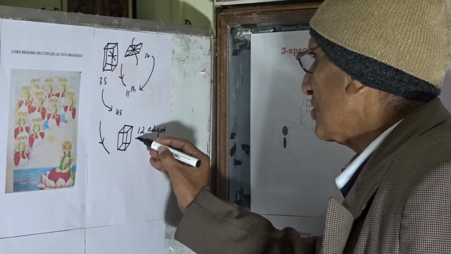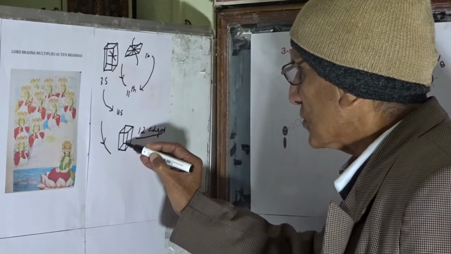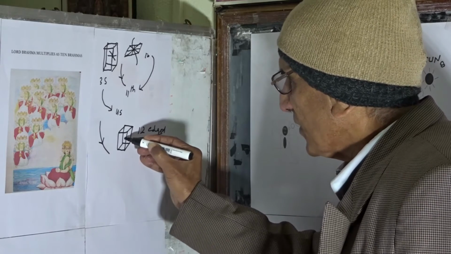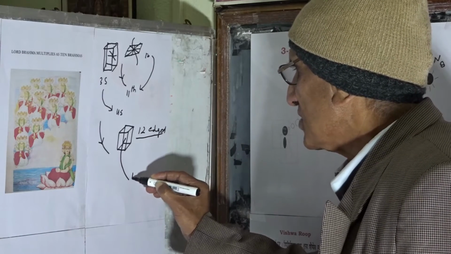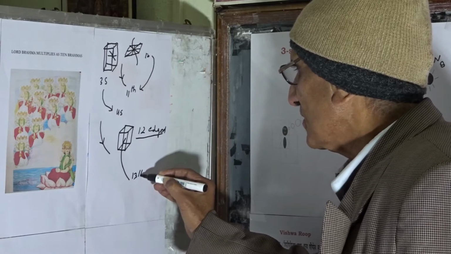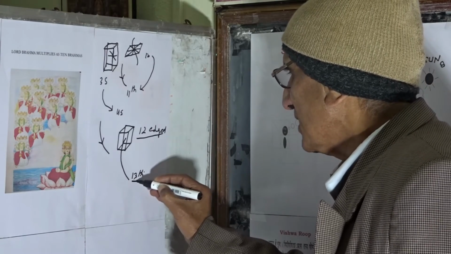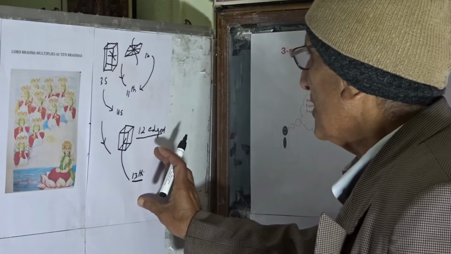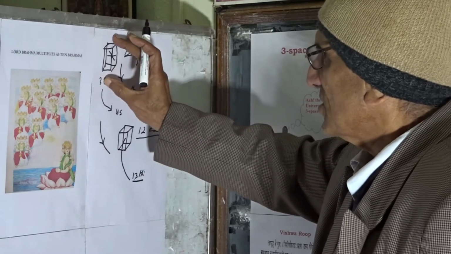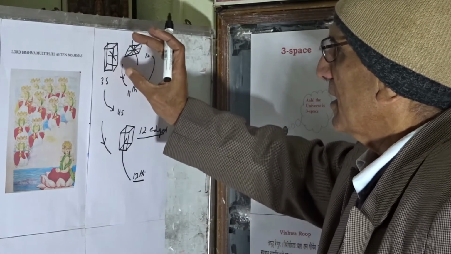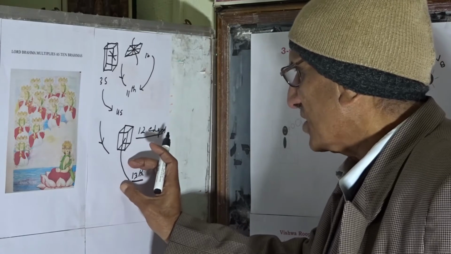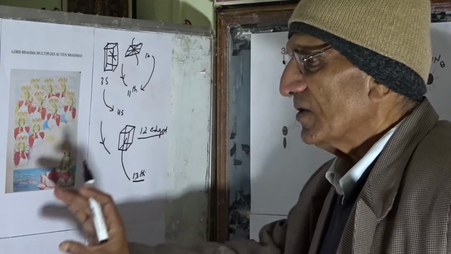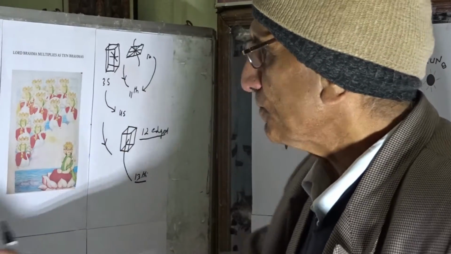This 12-edged cube within 4th space, because of the unfolding of a seal at its origin, will lead to the 13th edge. So the 13th edge is acquired by a cube along the 4th dimension within the creator's space.